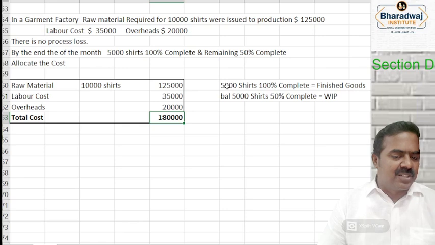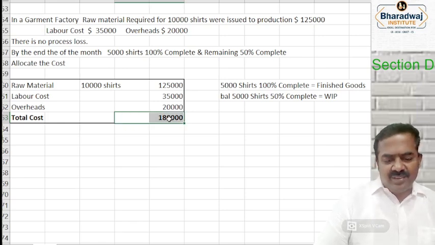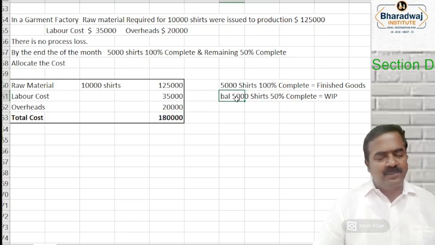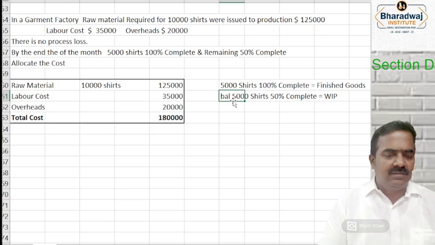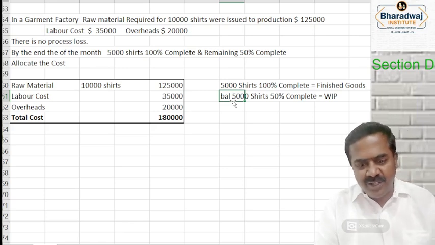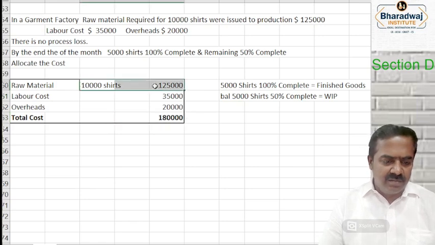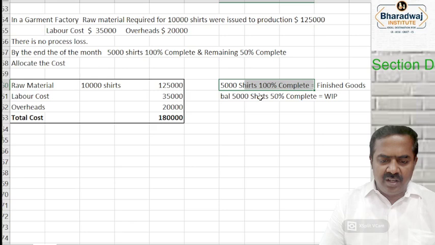Will you allocate the cost in a 1:1 ratio? 1,80,000 in the ratio of 5,000 to 5,000?